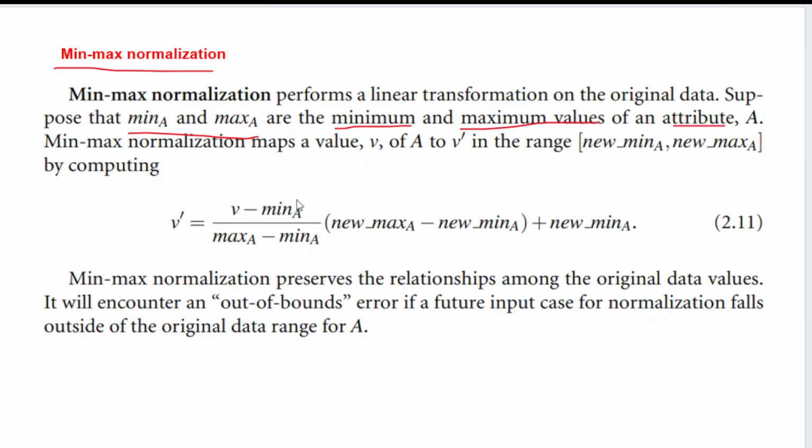A min-max normalization maps the value V of A to value V bar in the range of new min A to new max A. How am I going to compute the values here? V bar is equal to (V minus min A) by (max A minus min A) into (new max A minus new min A) plus new min A. So this is the equation for calculating the min-max normalization.